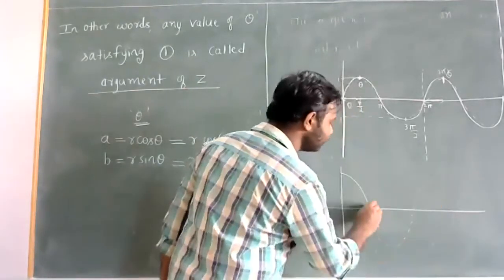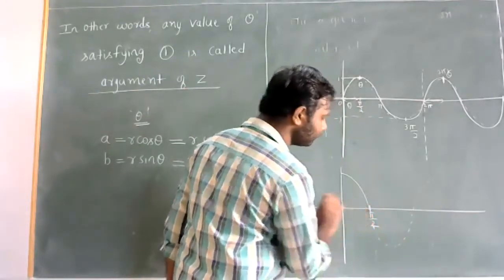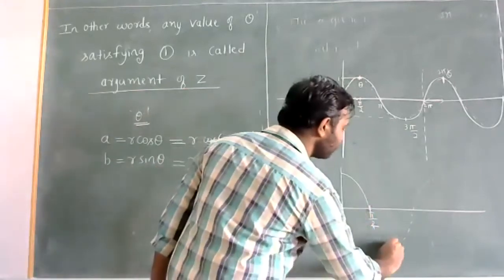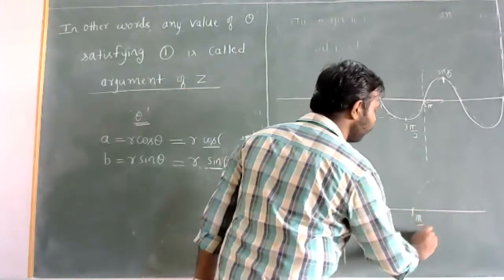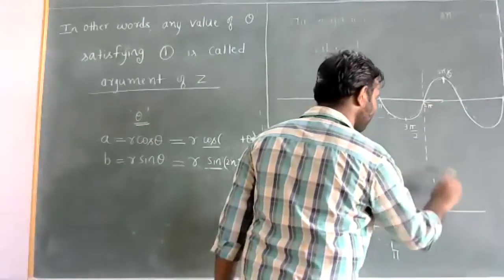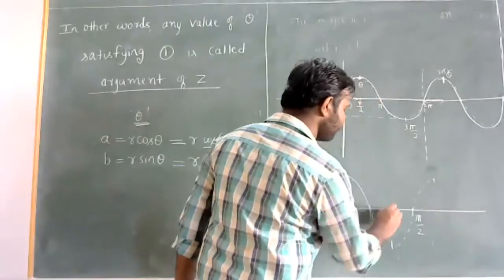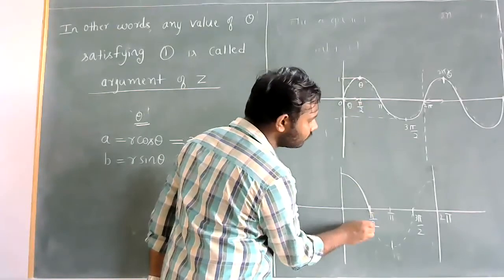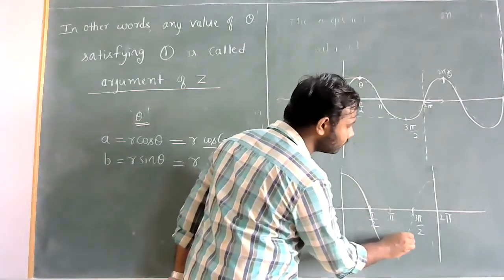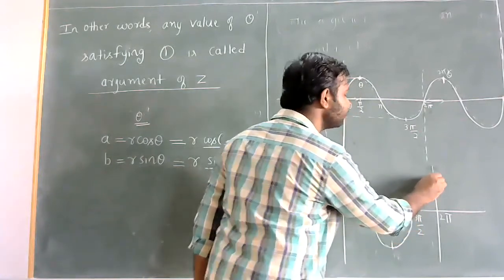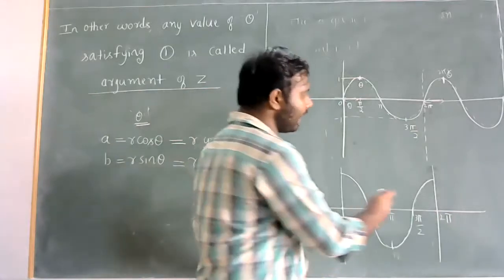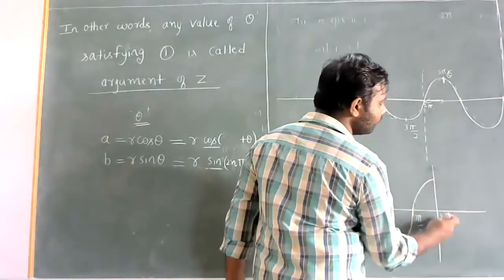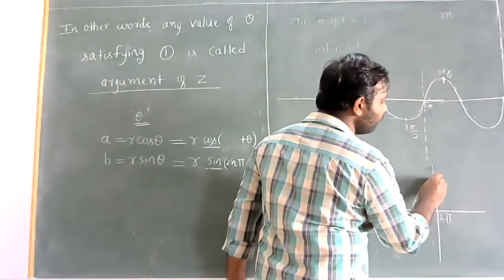So this is pi by 2, pi, 3 pi by 2, 2 pi. These are the values of cos in the interval 0 to 2 pi. And if you mark the values from 2 pi to 4 pi, we'll get the same graph.